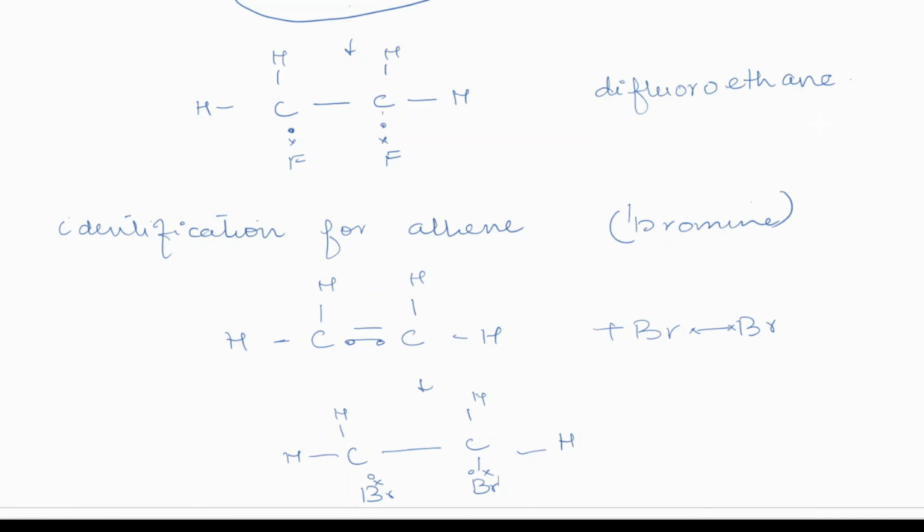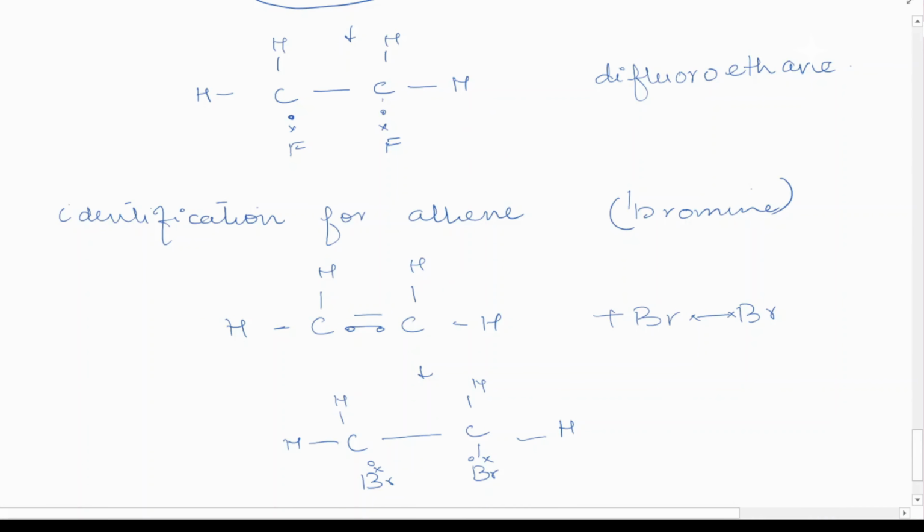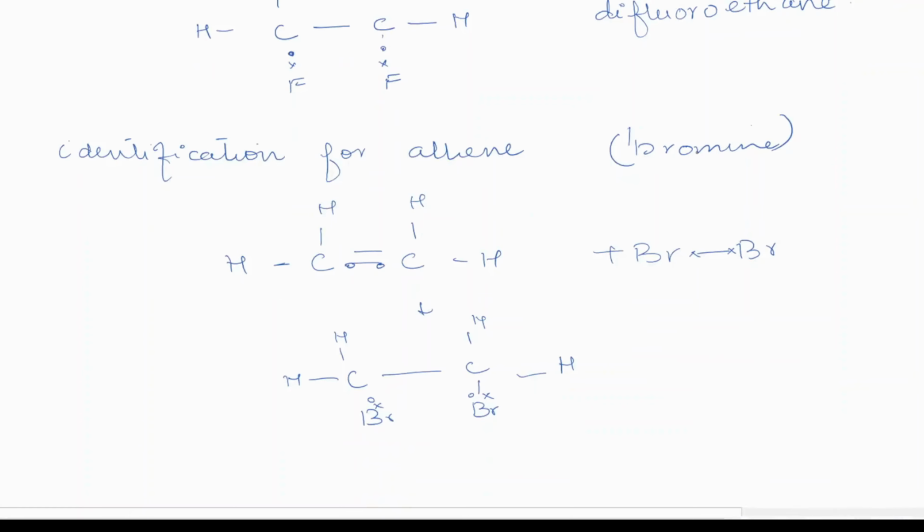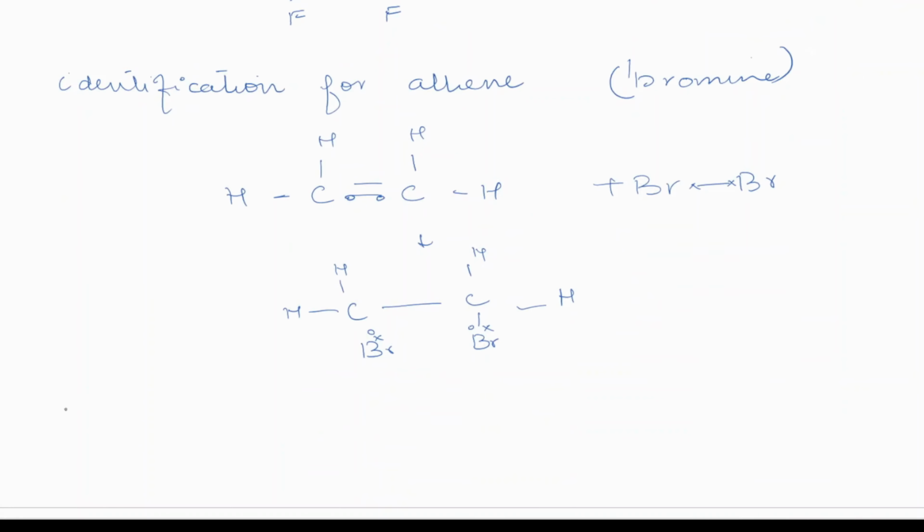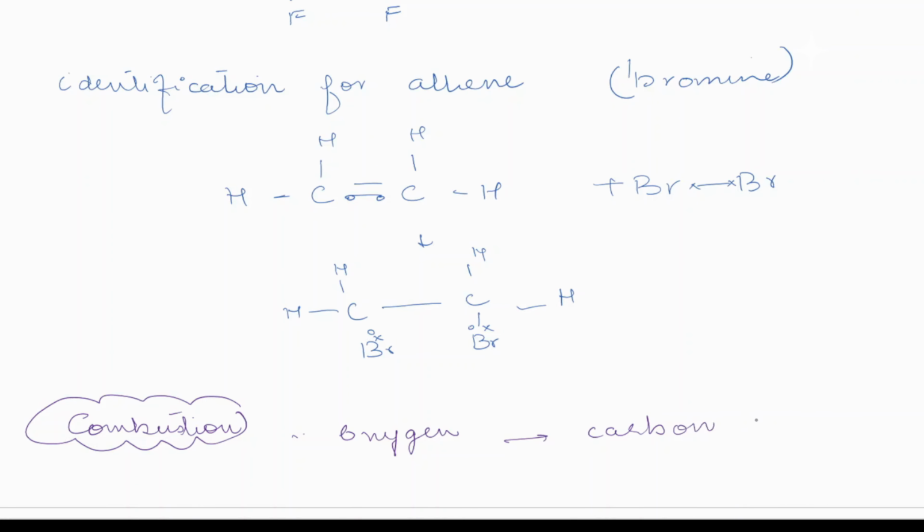Okay, the last reaction is the combustion one. Combustion means to burn in oxygen. All hydrocarbons, whether alkane, alkene, or alkynes, react with oxygen and produce carbon dioxide plus water.